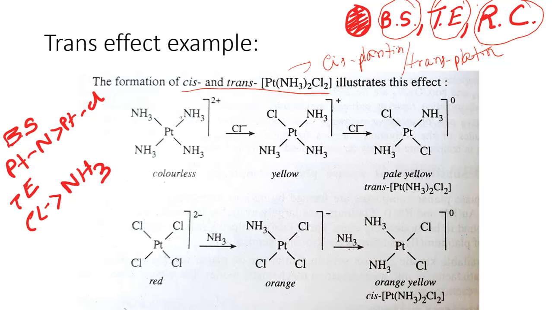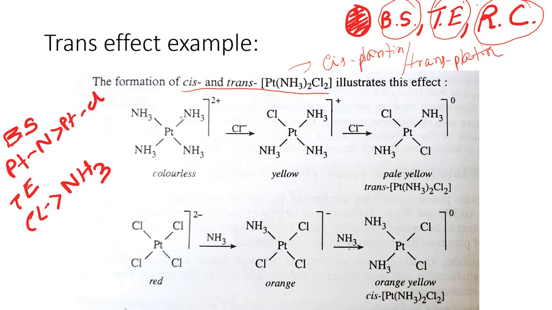The three things are bond strength, trans effect, and the reaction condition, because these would be applicable whenever we are going to synthesize anything through this trans effect mechanism, or through this trans effect topic.